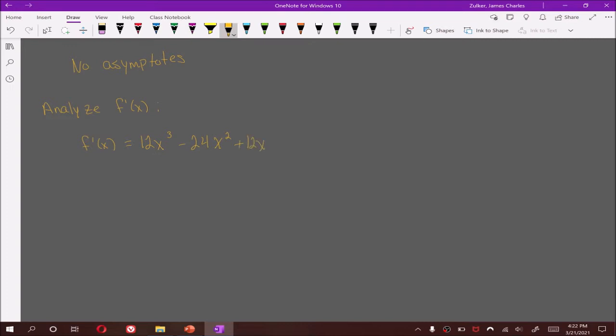There's nowhere this is undefined. Set it equal to 0 and solve. Factor out 12x. Left with x squared minus 2x plus 1 is equal to 0. This is now x minus 1 squared. So we get x is 0 or x is 1.